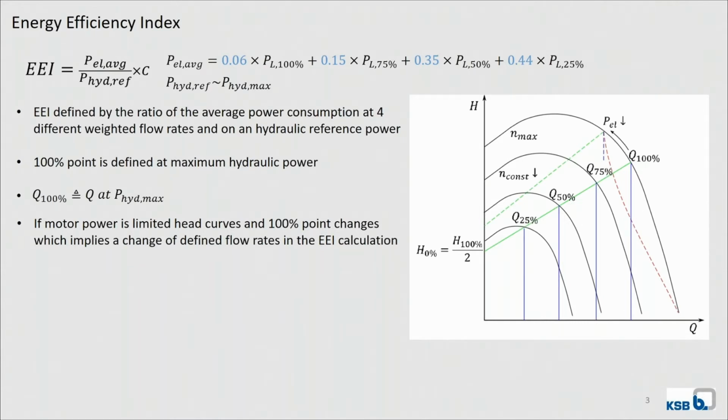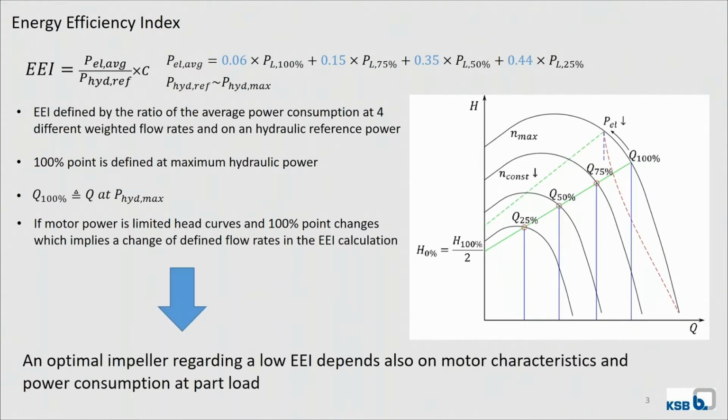That means the 100% point here moves to a lower flow rate, and that means also all other points are changing, and so also the energy efficiency index is changed.